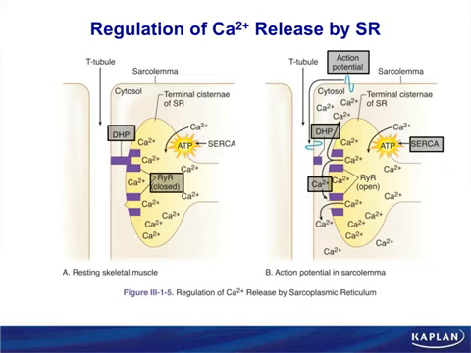The action potential causes DHP, the voltage sensor, to uncork, and calcium comes flooding out. This also opens more ryanodine channels, calcium-induced calcium release. We relax the muscle by pumping the calcium back into the sarcoplasmic reticulum. This requires ATP, and the pump that does that is called SERCA.